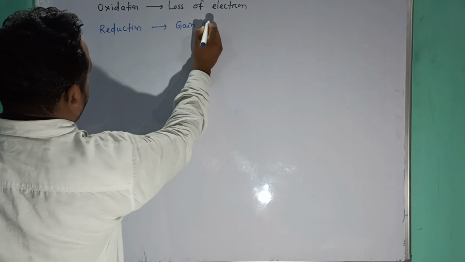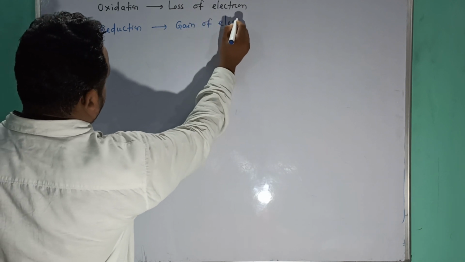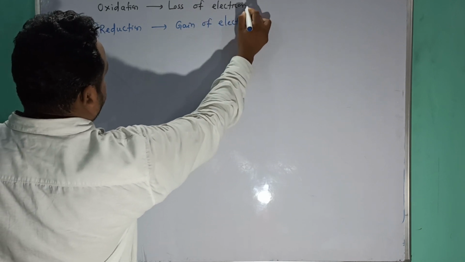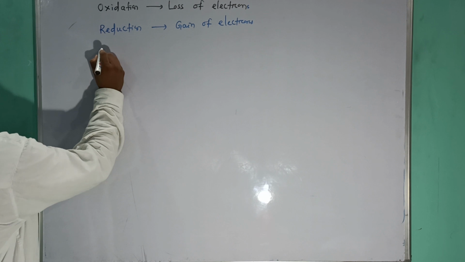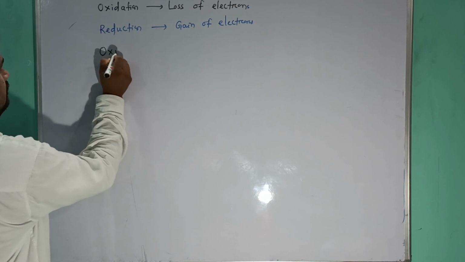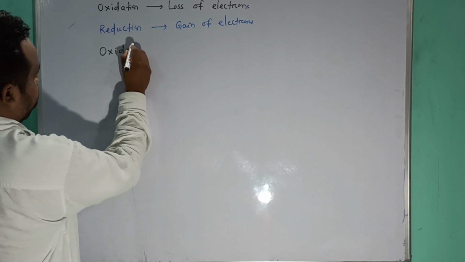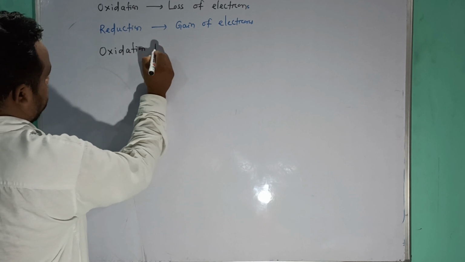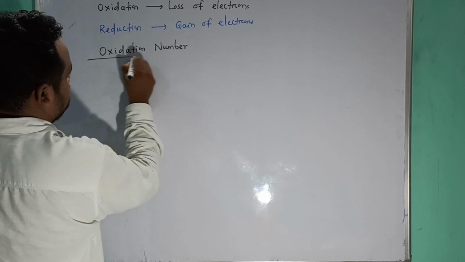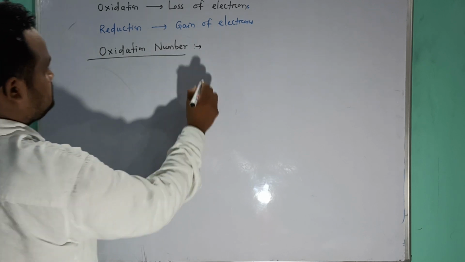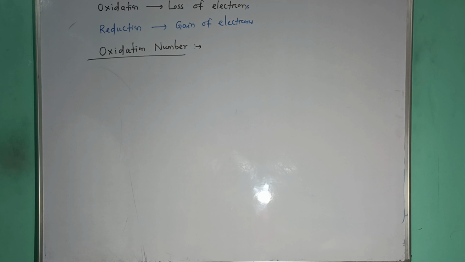Means gain of electrons. Loss of electrons, gain of electrons. तुम लोग पूरा ध्यान से सुनना. ये हायर क्लास कॉन्सेप्ट try to understand. तो ये सब जानने के लिए हम लोग को क्या पढ़ना होगा, ऑक्सीडेशन नंबर. If you understand this concept, we can solve all questions.